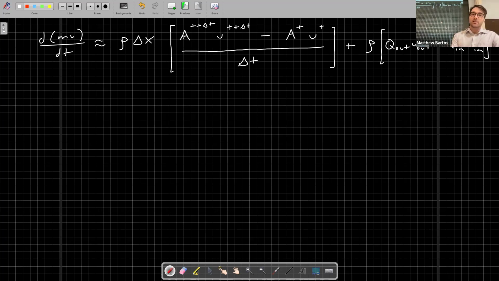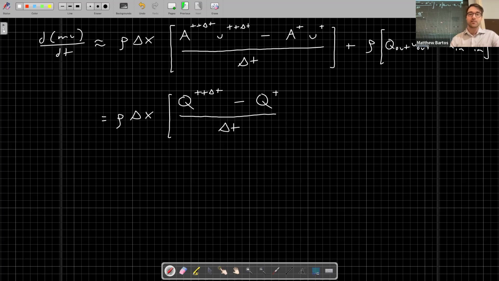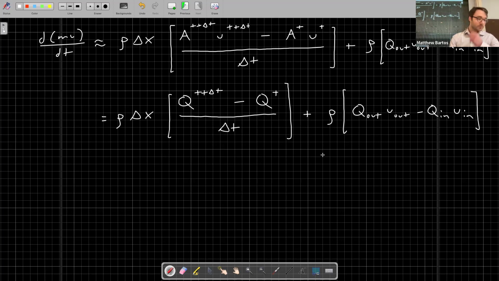So we can simplify this term here and also this term. What is the cross-sectional area times the mean velocity? Q, very good. So this becomes the density times delta x times the quantity Q, the discharge at time t plus delta t, minus Q at time t, divided by delta t, plus the density times Q out, U out minus Q in, U in.